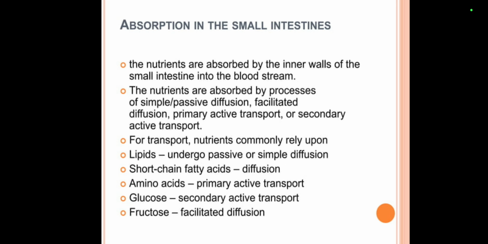So, let's discuss first what these kinds of transportation are, because you might be confused in this area. Simple and passive diffusion: a simple one is a molecule that can cross the plasma membrane. It is a passive diffusion.